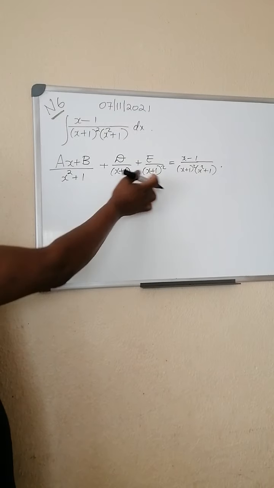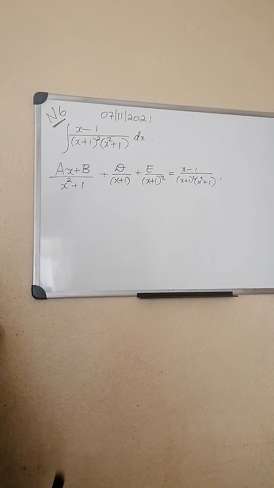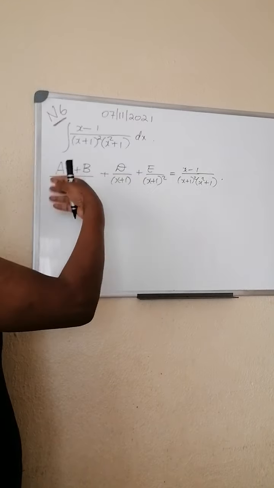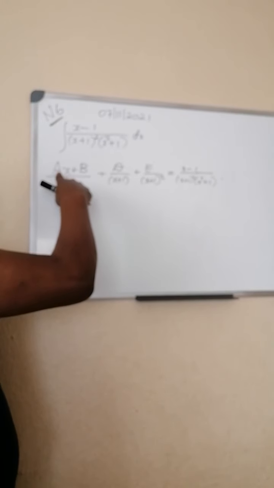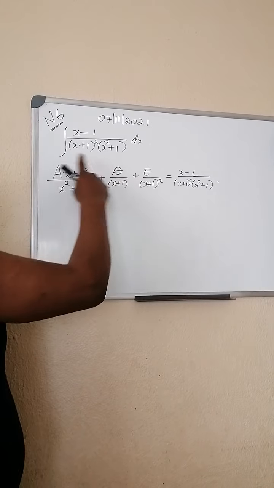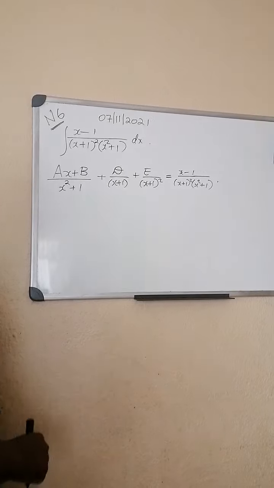I could have taken C, D, but I just decided not to take the C. There's nothing wrong with that. You can use any letter for your A, B, D, E.